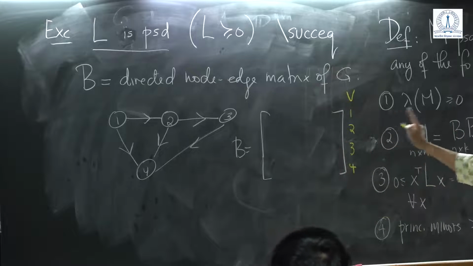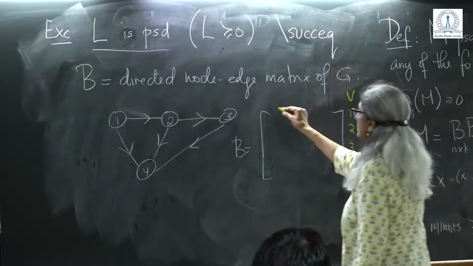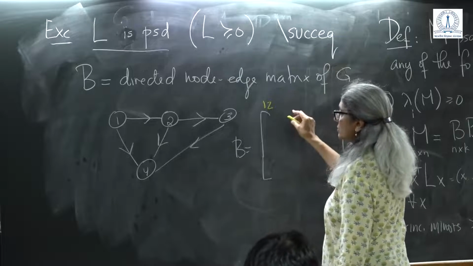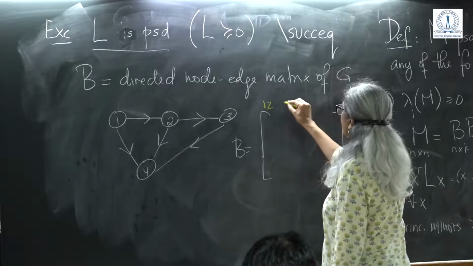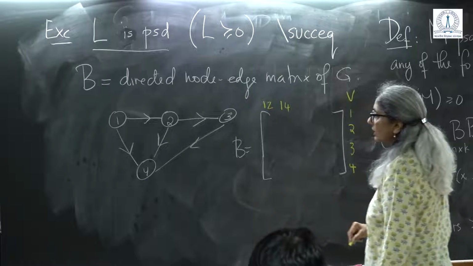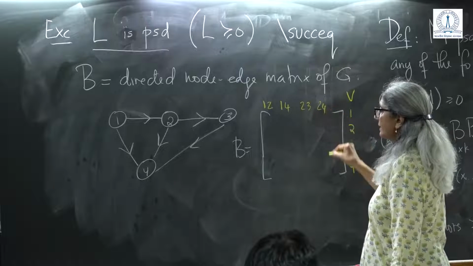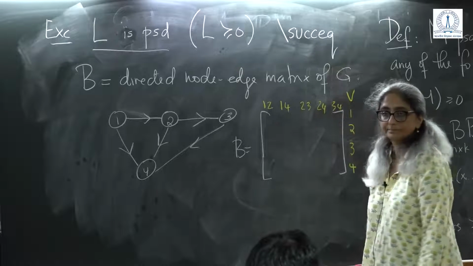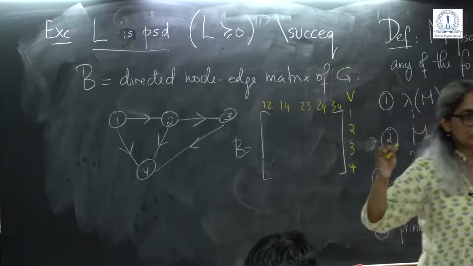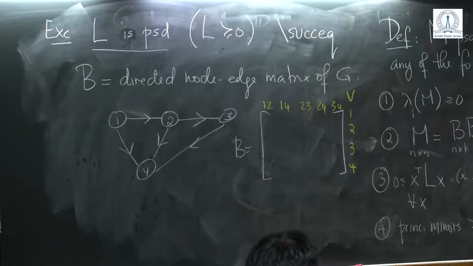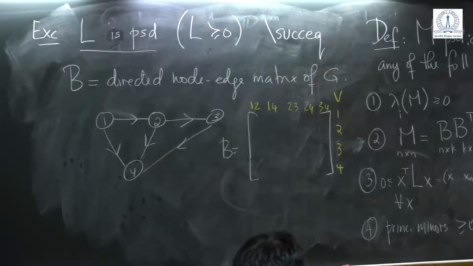And on the columns, you put all the edges. So the edges are 1, 2, then there is 1, 4. Let's do everything that's connected to 1. And then there's 2, 3, there's 2, 4, and there is 3, 4. Okay? So this is not a square matrix anymore. It's got maybe many edges, few vertices, I don't know, some rectangular matrix.